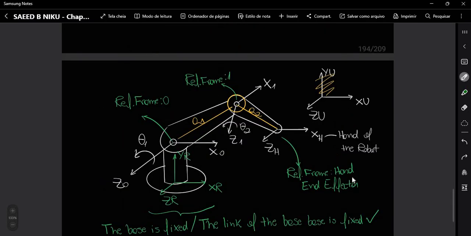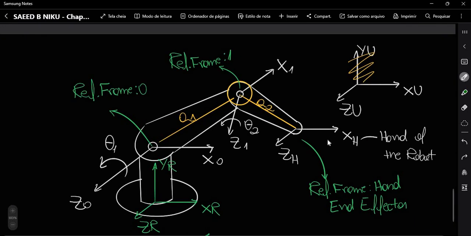So for example, right here is the end effector, the hand of the robot, and we can write a transformation right here, which is a transformation of the H frame in relation to frame 1. So this frame we are assigning as frame 1, and notice that this frame is a reference to this frame.